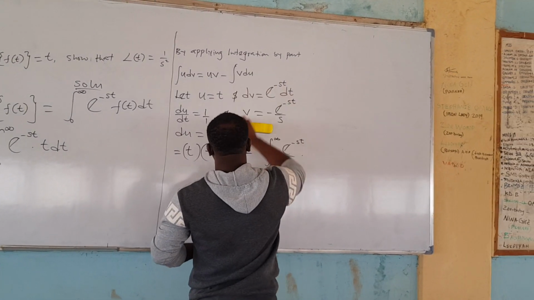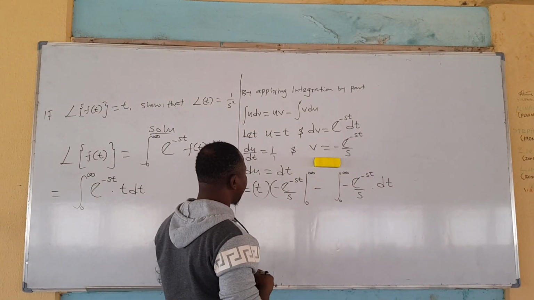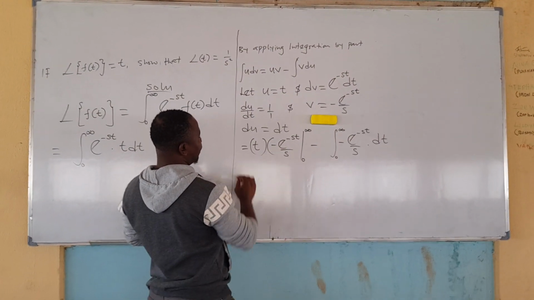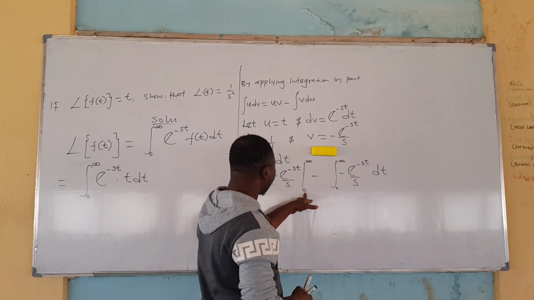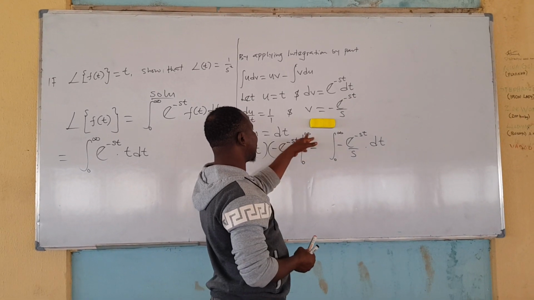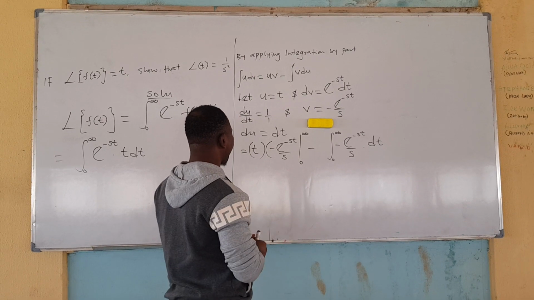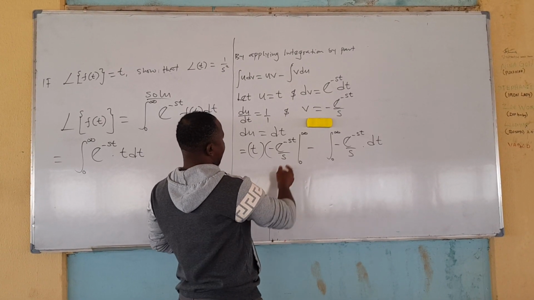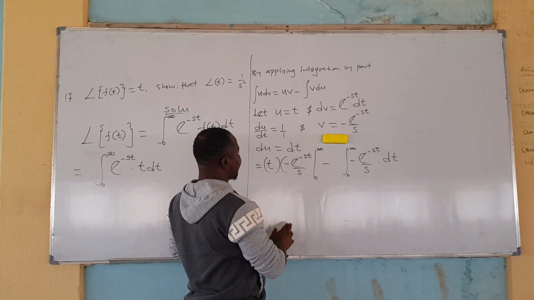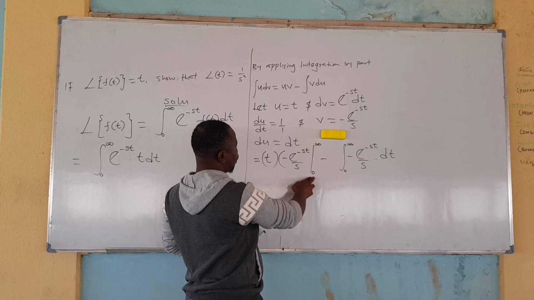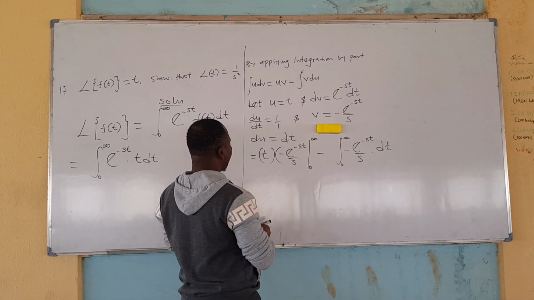So instead of du, we write dt. Okay. Let us obtain this left hand side by using the interval 0 to infinity. Anywhere we see t, we are going to substitute in the infinity, then minus the lower limit.